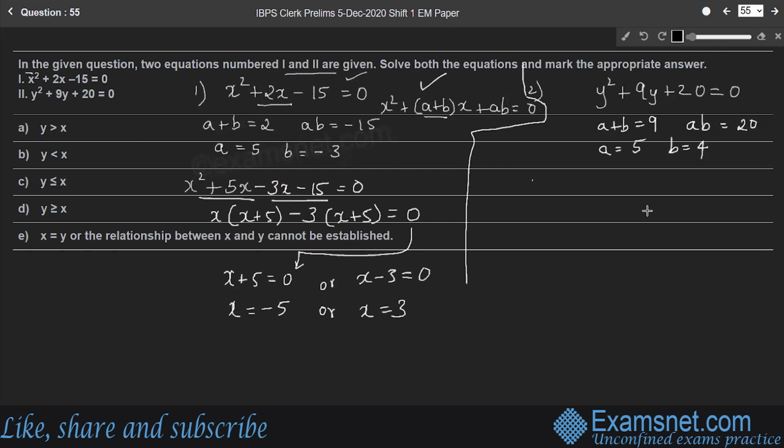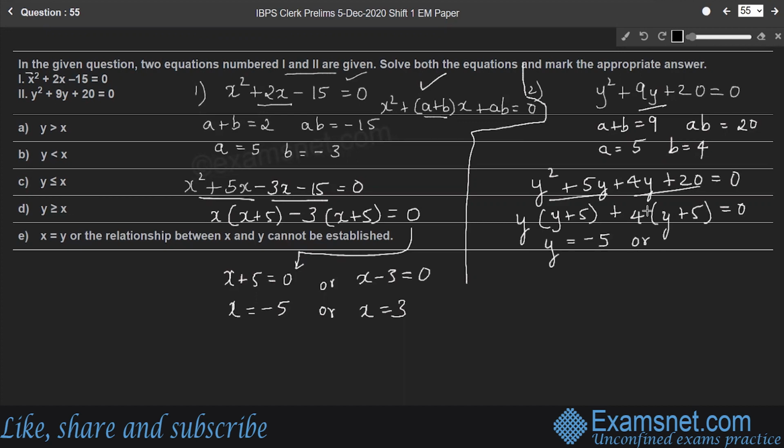So the equation becomes y square plus 5y plus 4y plus 20 is equal to 0. Here in the first two terms, y is common: y into (y plus 5), plus in the last two terms, 4 is common: 4 into (y plus 5) is equal to 0. Therefore, y is equal to minus 5 or y is equal to minus 4.